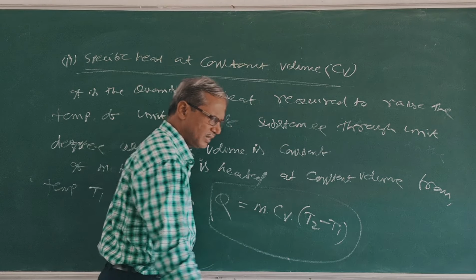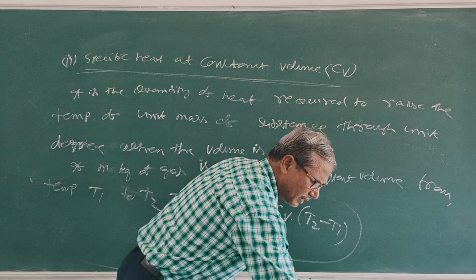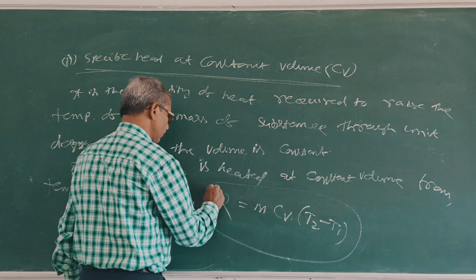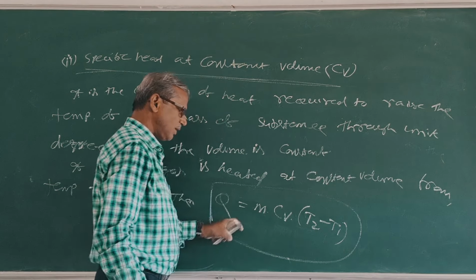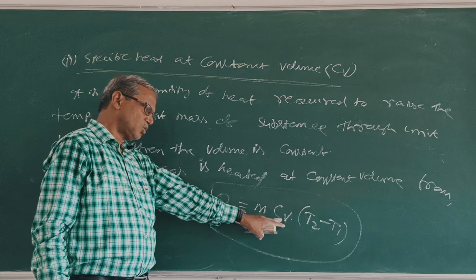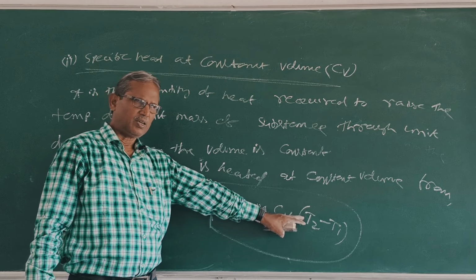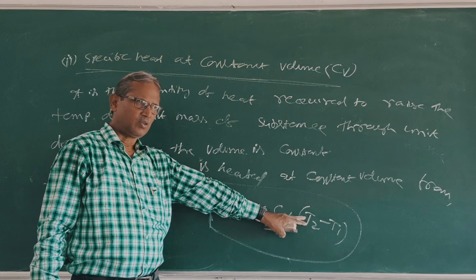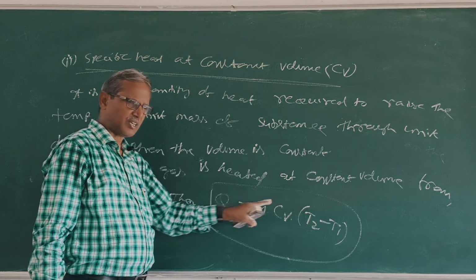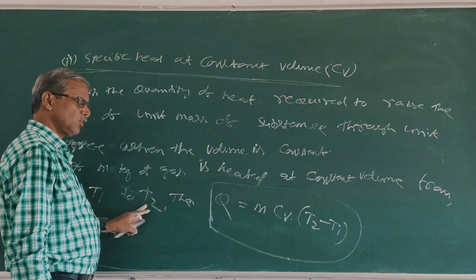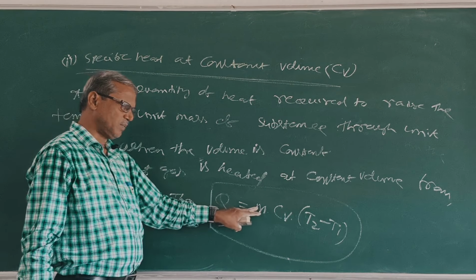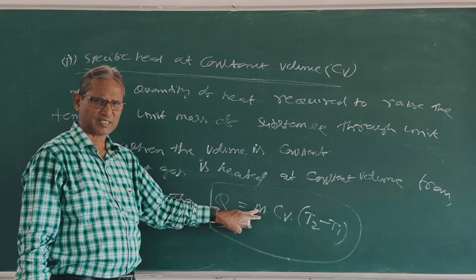Clear? This is total heat Q: mass into specific heat at constant volume into rise of temperature. What is T1? Initial temperature. What is T2? Final temperature. What is m? Mass of gas in kg.